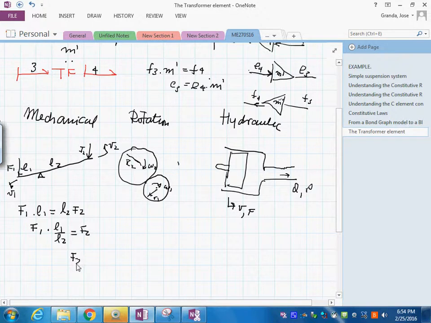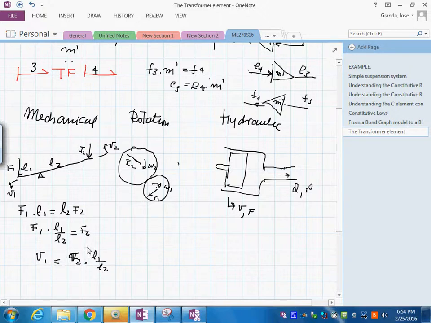Same thing over here. You have the common velocity of each one of these, that the velocity is omega 1 times r1, but the velocity is also omega 2 times r sub 2.